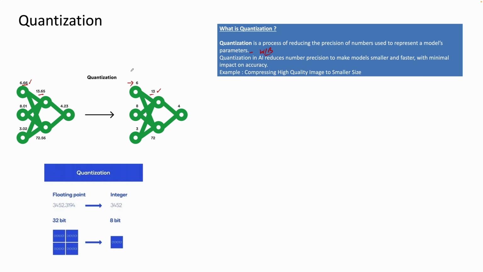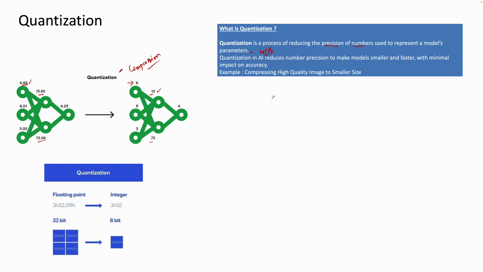So in a way, quantization is nothing but a kind of compression, right? But what we are doing is we are storing a specific number in a specific format, and we are reducing the precision of that number. So if you see, from 72.56 we've gone to 72. So quantization is a process of reducing the precision of numbers to represent a model's parameters.